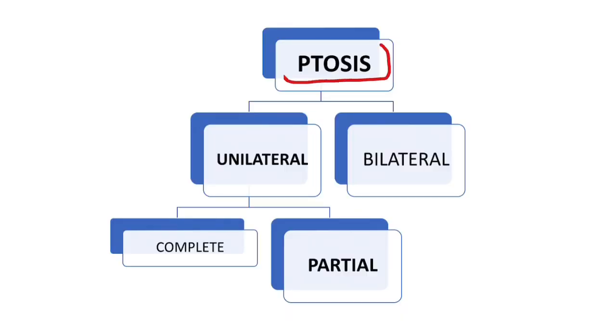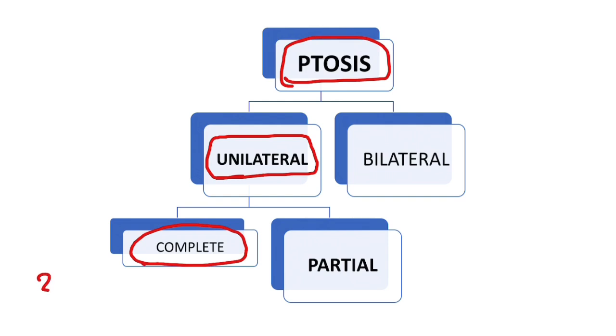So now we have found a patient with ptosis and the patient has unilateral ptosis. If there is complete unilateral ptosis, the common cause is third nerve lesion. If it is partial unilateral ptosis, then what are the things we have to look for? So in this image, you see there is partial unilateral ptosis.